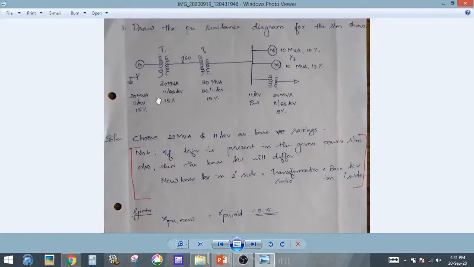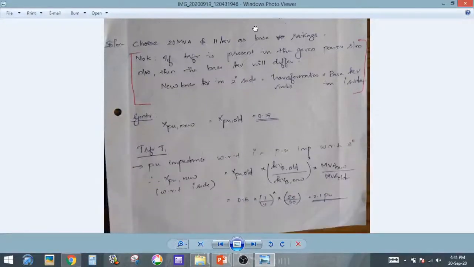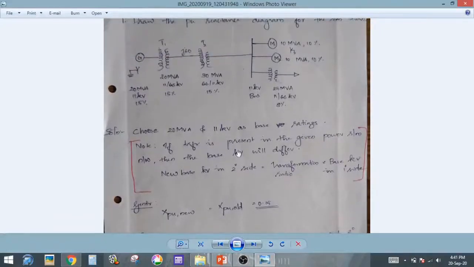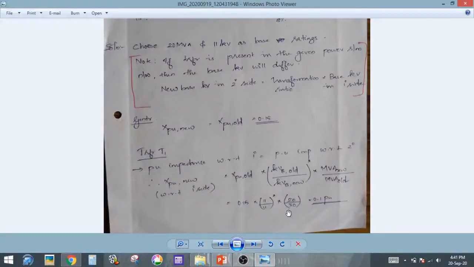Base kV old is the machine rating, that is the T1 rating, 11, divided by base kV new, the base value, this 11 kV. So (11 by 11) the whole square into MVA new divided by MVA old. MVA new is the base value, that is 20 MVA. MVA old is the corresponding component rating, 30 MVA. 20 divided by 30, which is equal to 0.1 per unit.